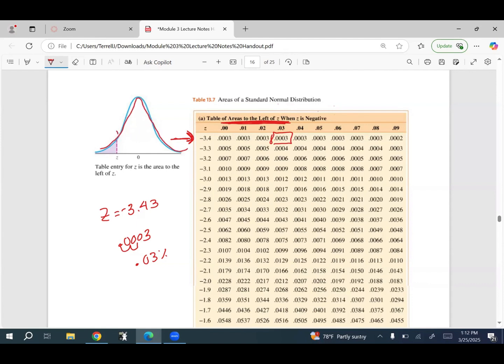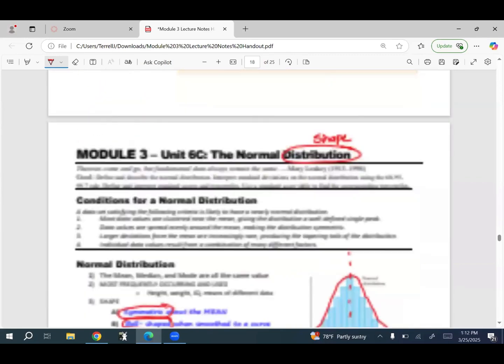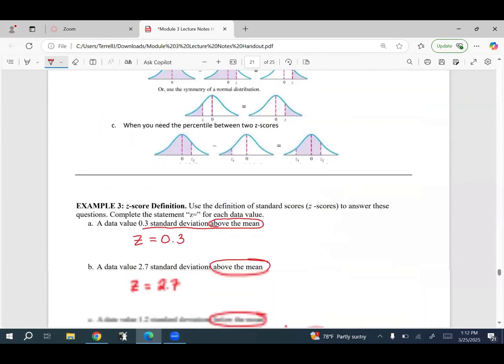If this is my z-score, what I just found, 0.2266, that's this piece. From the left, that's what that's emphasizing there. So let's go back to our problem.